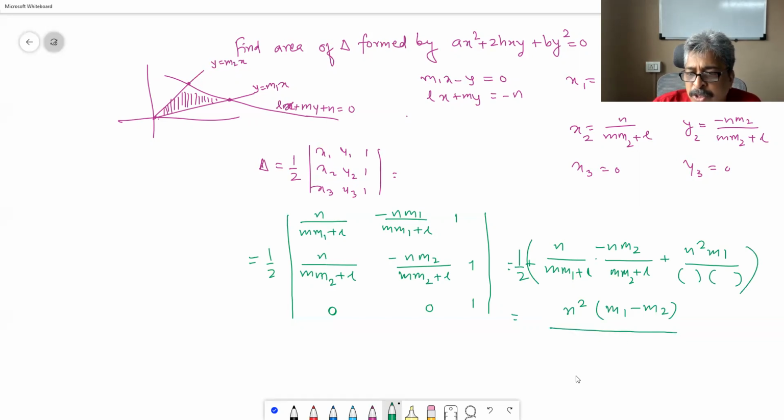And in the denominator you get m square m1 m2 plus L m times m1 plus m2 plus n square. Right? Now your job is to find out.